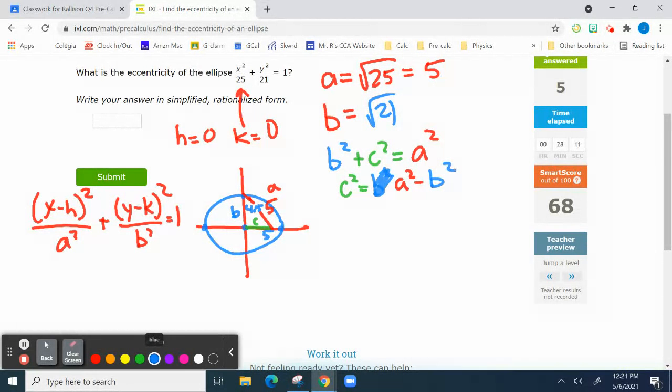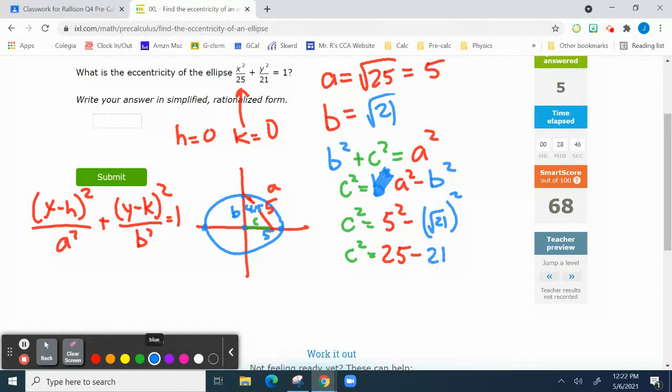How are we doing? Oh, I got to get done. So then we're going to have c squared equals a squared, 5 squared, minus b, which is the square root of 21, squared. And we can do that, right? C squared equals 25 minus, what's the square root of 21 squared?